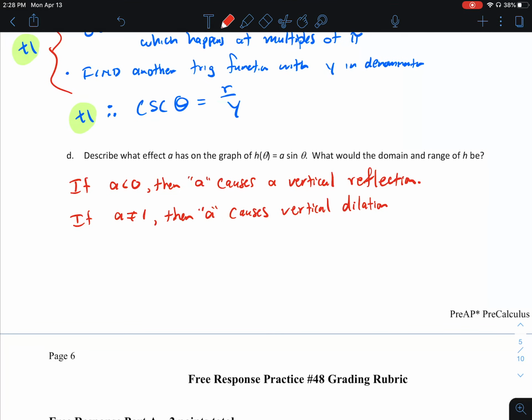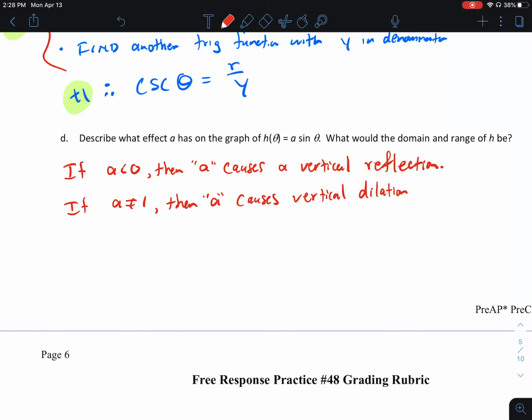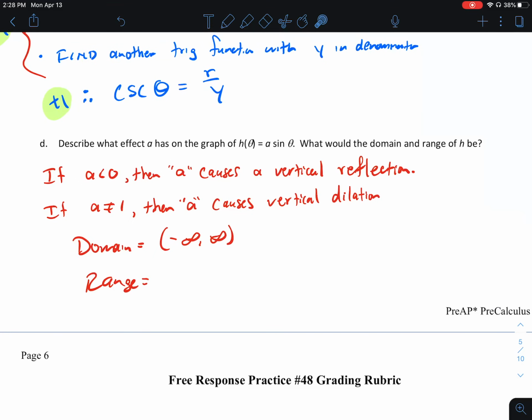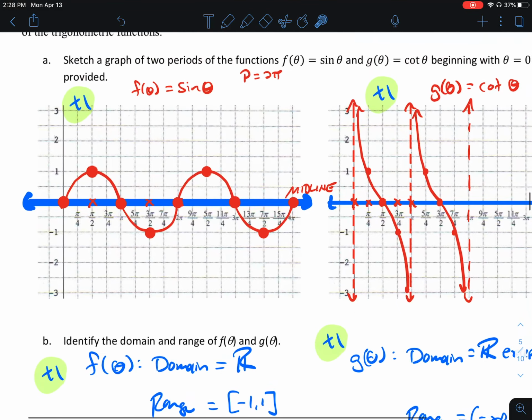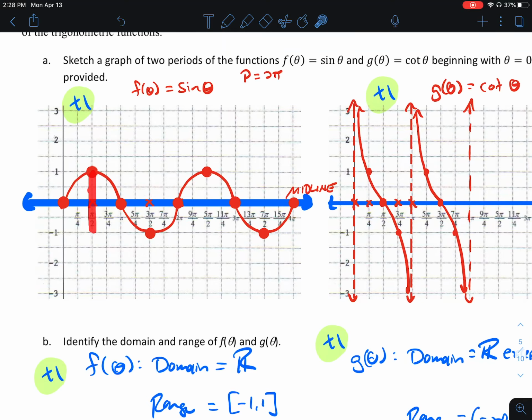So what would the domain and range be? Well, the domain's not going to be affected at all. The domain's still going to be all real numbers, but the range is going to be affected. So work with me here. Let's say A was positive. Normally, sine goes down to -1, up to 1. This is what sine normally does.